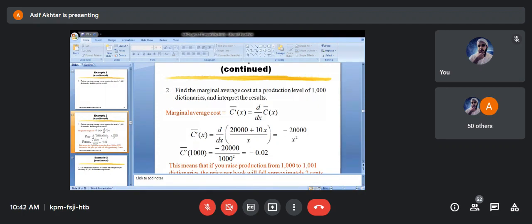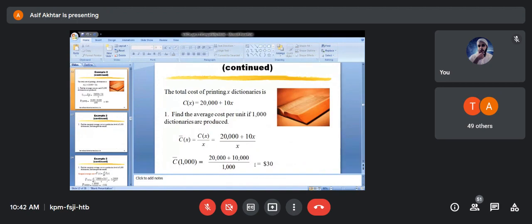See this solution. Sir, please show the previous slide where the equation is mentioned. Okay. Are you able to see the slide now? Total cost function? Yes, sir.